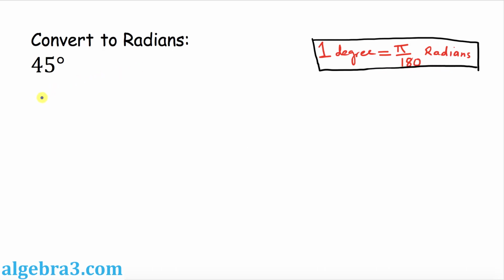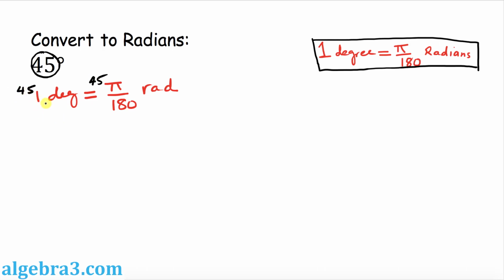So let's write it down. That's your very first step. I want you to put down 1 degree equals pi over 180 radians. Next, I want you to multiply 45 on this side and 45 on this side.